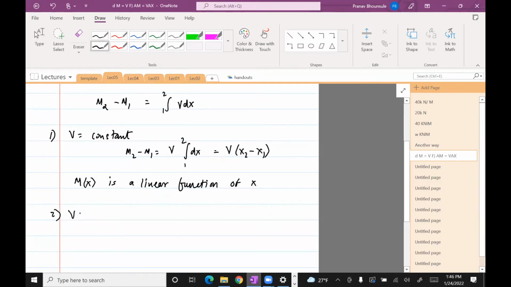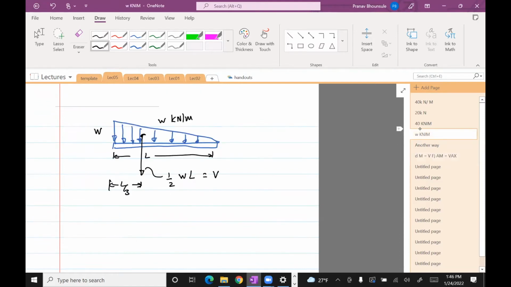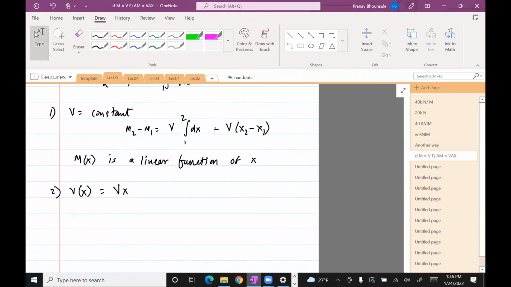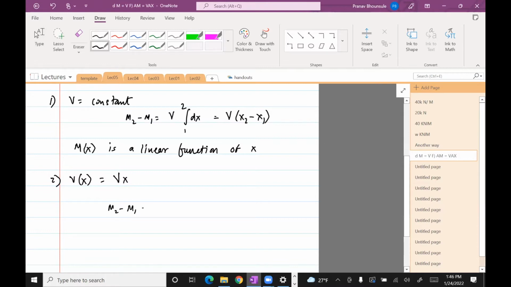The second case is V of x is V times x. This happens when you have a distributed load, like we've seen, just go back to this question. When we have a straight line, we'll see a quadratic curve, right? That's what this second example hints at. So if V is a linear function of x, then integrating this would give me M2 minus M1 equals the integral. Let me just sub in this value here.